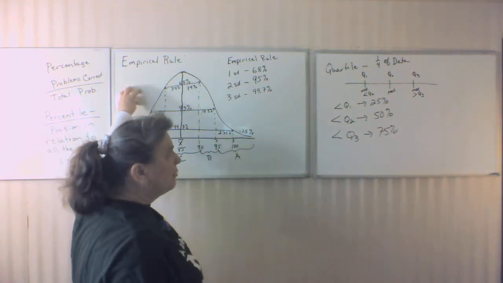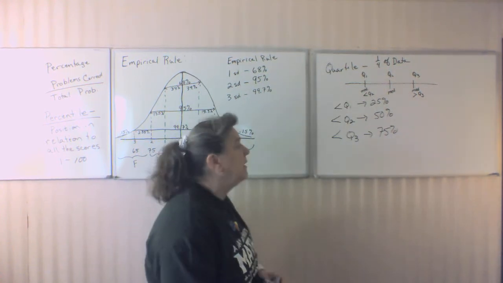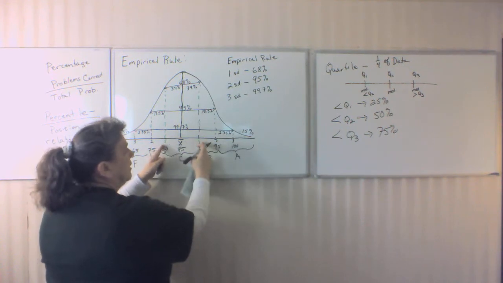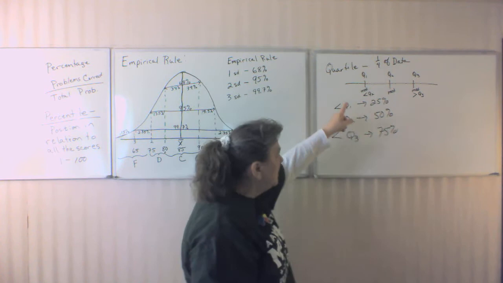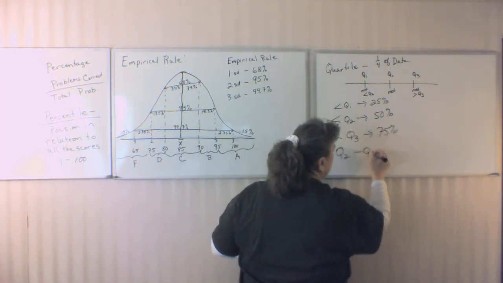Your empirical rule and your quartiles deal with the same idea. Remember, empirical rule, you had here to here was 68% of the data. Same thing is true if you look at Q2 to Q3.